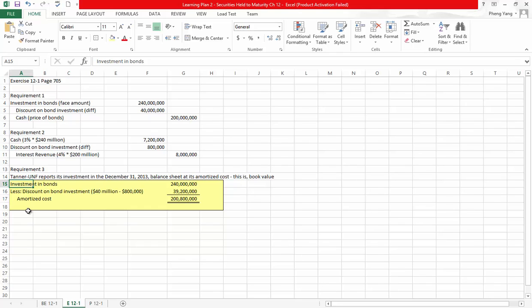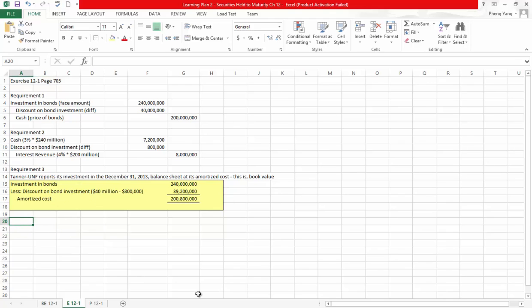But that's a discussion for later on with some of the other investments, and I'll show you that in the other problems. So hopefully now you have a better understanding of what requirement 3 is asking for.